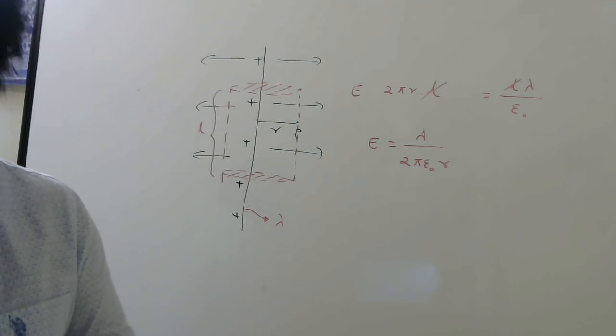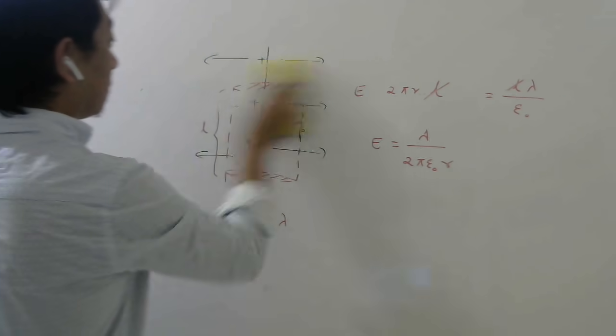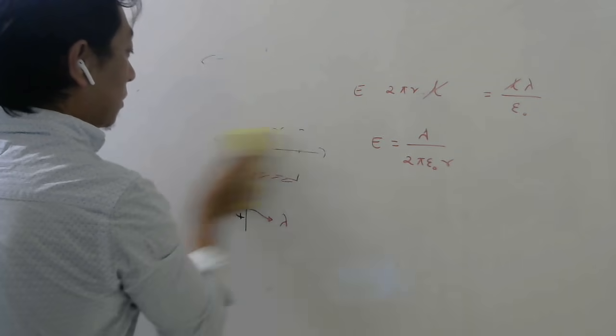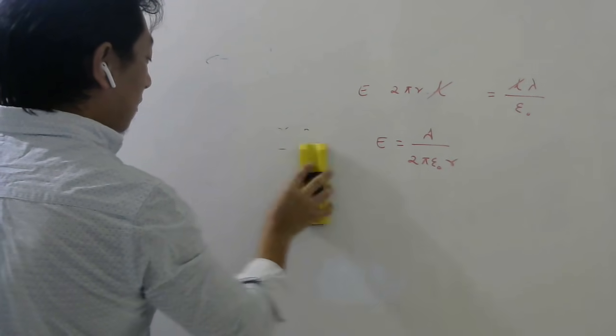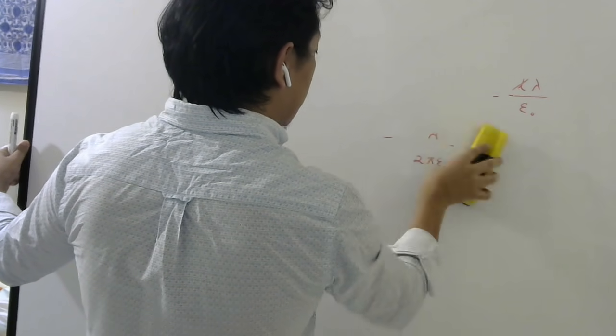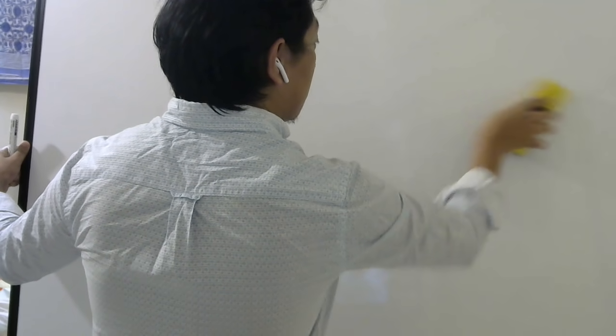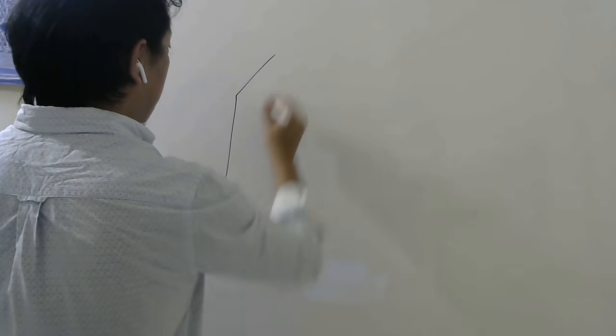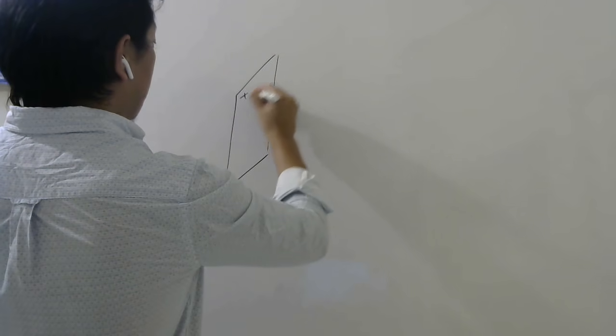Then I took, if you remember, a sheet of charge. So basically we have to use Gauss law to find the electric field due to this kind of charge distribution. Then I did the sheet of charge. Suppose I take this kind of infinite sheet of charge, okay?